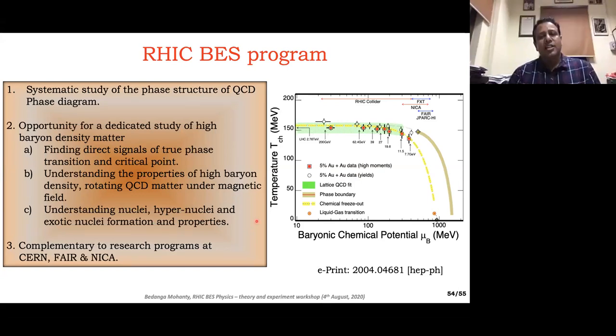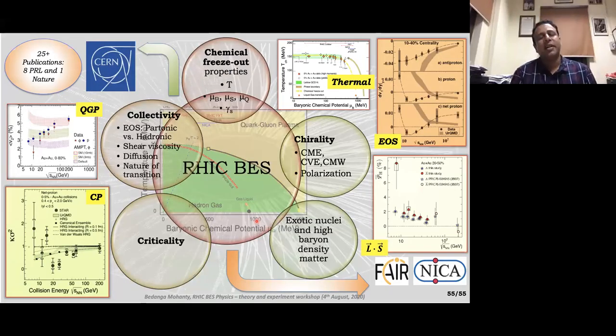So this is the last slide, giving us an overall picture which has come out from the beam energy scan program. Our goal is to look at the phase structure of the QCD phase diagram. We have been able to throw light on the properties at chemical freeze-out and address issues of thermalization.